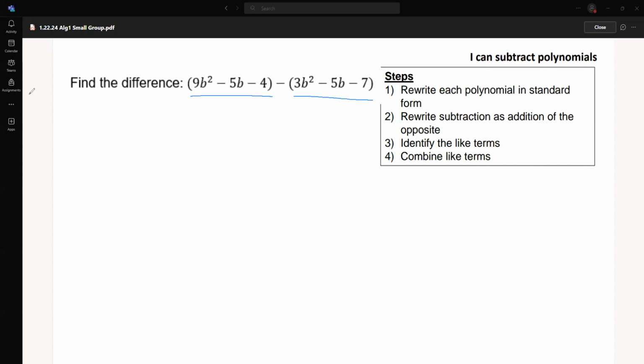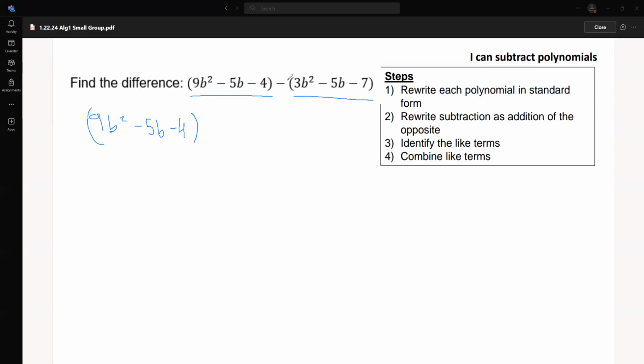So now what I could do is multiply this entire thing by -1. That is another plan, but it would be a little bit more difficult, so I'm just going to do only one half. Let's do 9b squared minus 5b minus 4. We're going to leave this alone. We don't touch this.